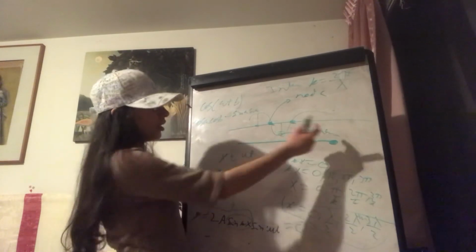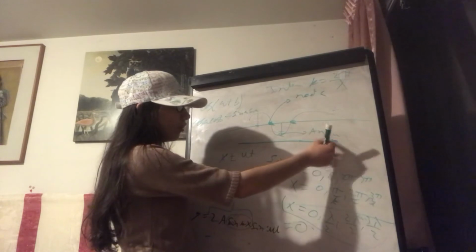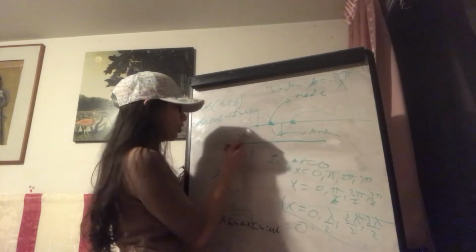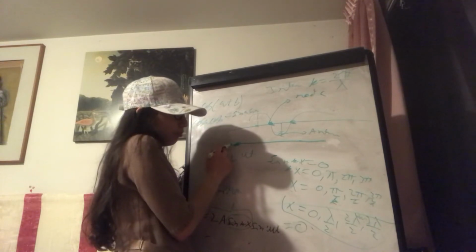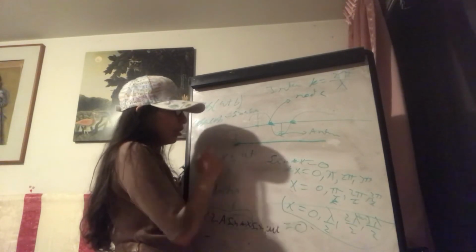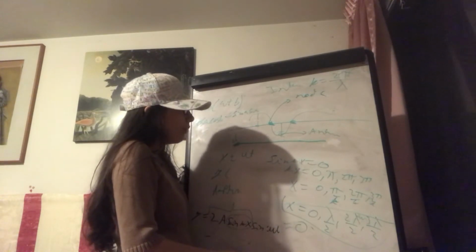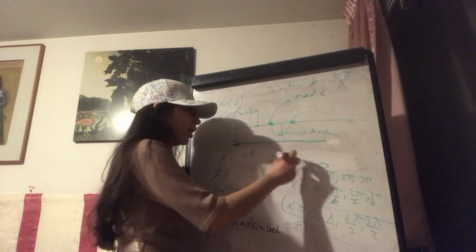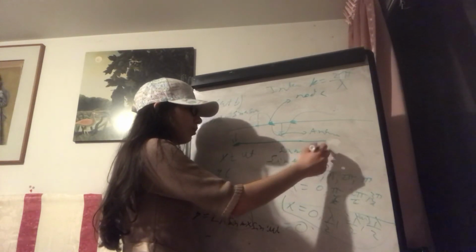And this fixed end is a node. This fixed end is x equals 0, because here I'm beginning, and then I have all these nodes. The antinode is where we have the maximum amplitude, that is when sine of kx is plus or minus 1.